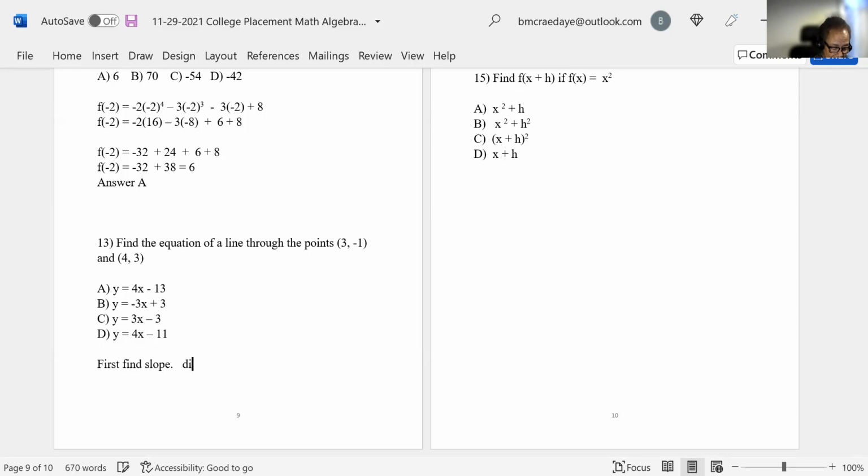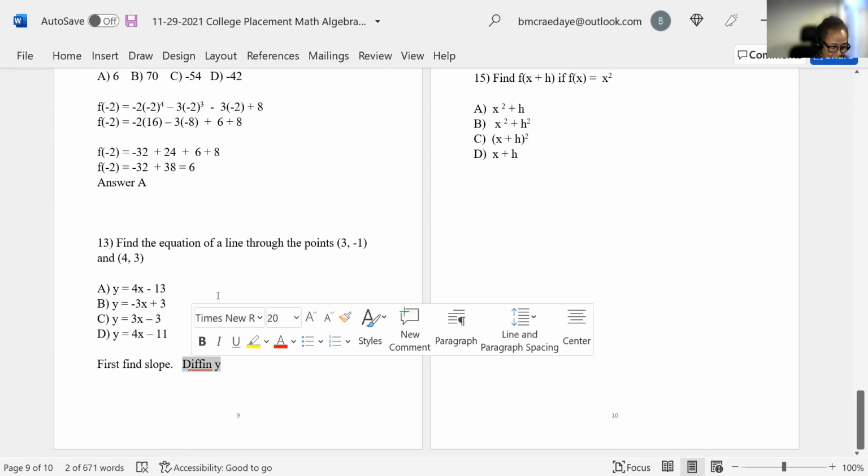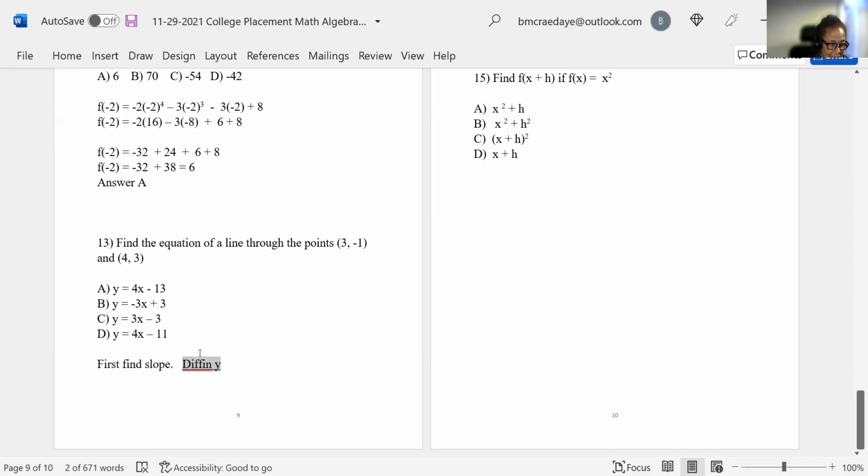It's the difference in y divided by the difference in x.